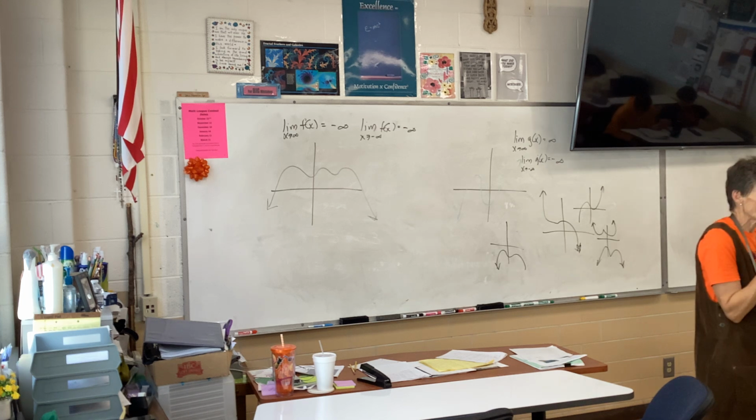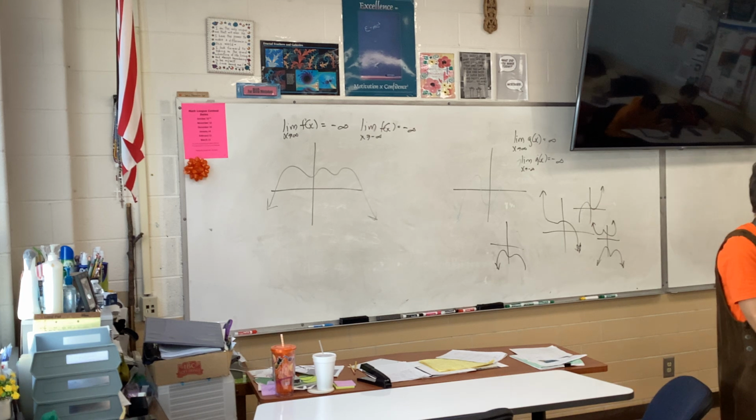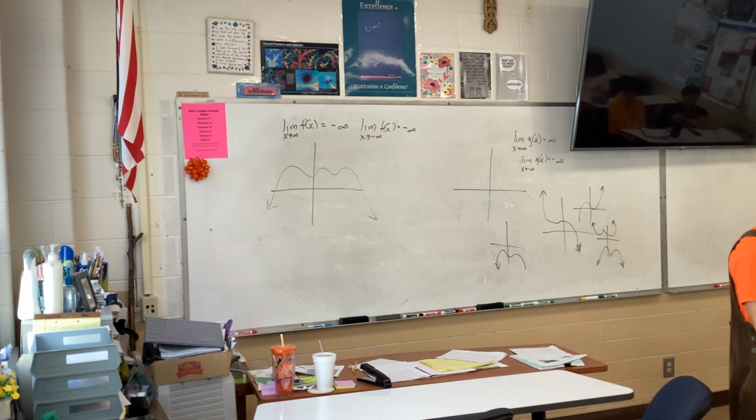E, right side down, left side up. And F. Right side down and left side up, because if you multiply it out, you would have a negative x cubed. And a negative x cubed means the right side's down and the left side would be up.